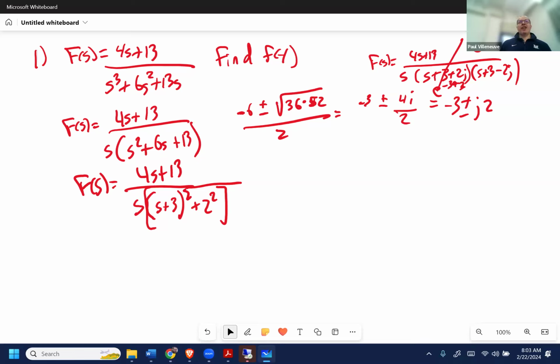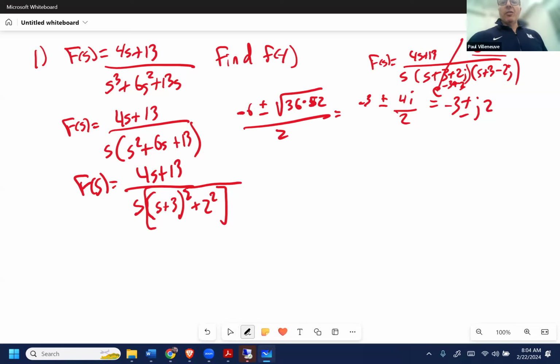No, because you get j, and j by itself is an imaginary number. There is no such thing as a square root of minus 1. It's just a mathematical construct to be able to do the math. But when you had an e to the minus 3 minus 2j, and then you added an e to the minus 3 plus 2j, you could actually combine those using Euler's identity to get a sine or a cosine. So it was not an acceptable answer to have a bunch of those numbers, because that's not a real number.